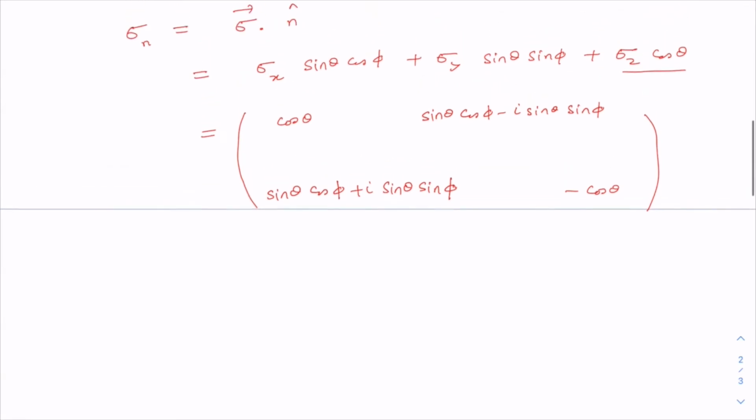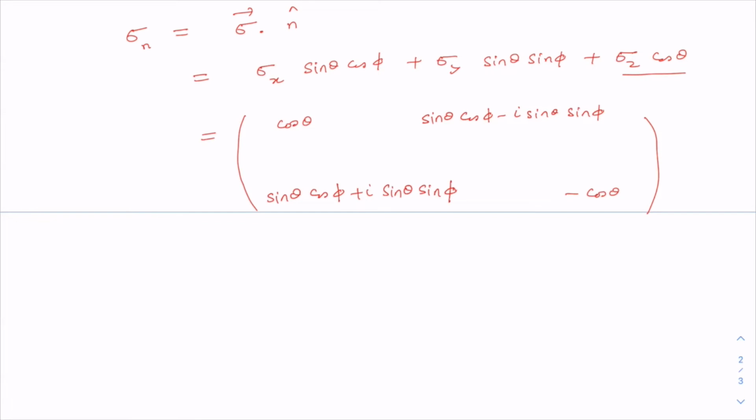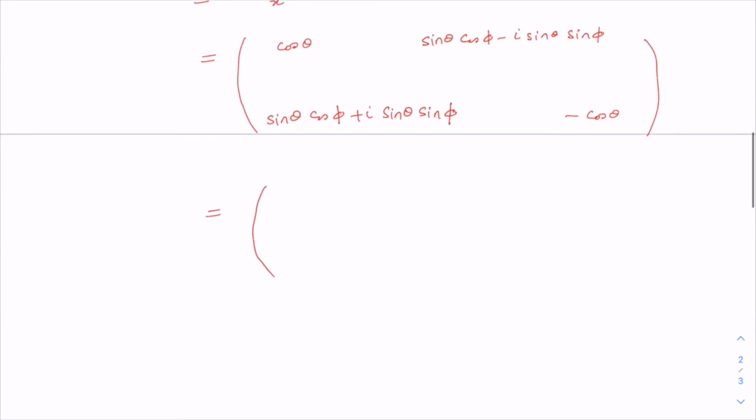Now, if you have followed lecture 2, you can immediately work out the eigenvalues here. In fact, let me first write these Pauli matrices in a more compact form. I can write it as cos theta, and here sine theta e to the power minus i phi, since e to the minus i phi is cos phi minus i sine phi, and here sine theta e to the power plus i phi, and here minus cos theta.